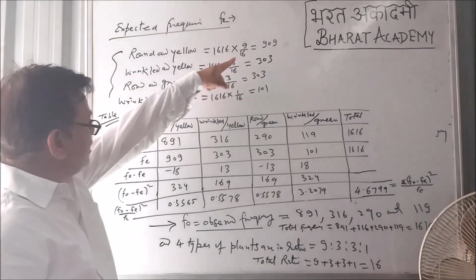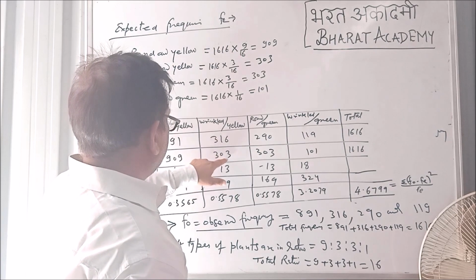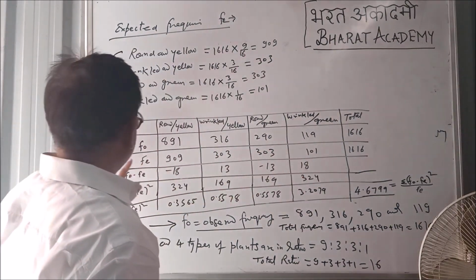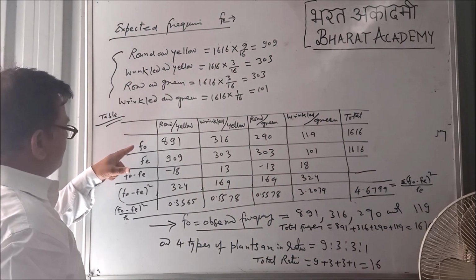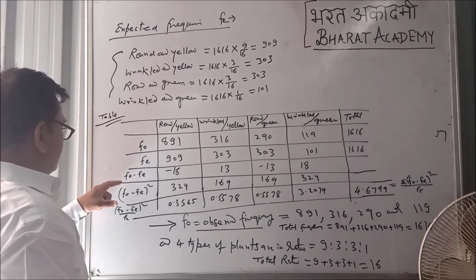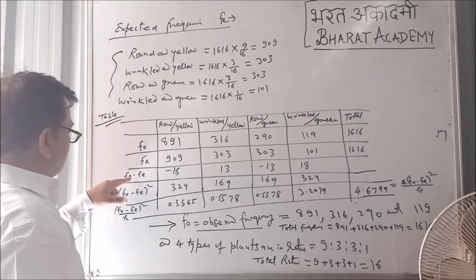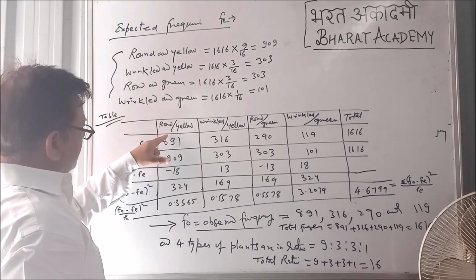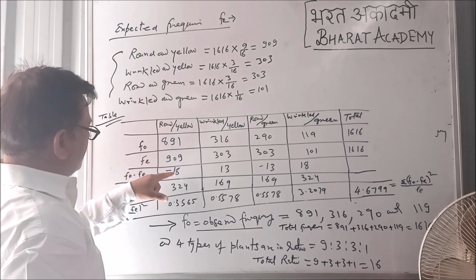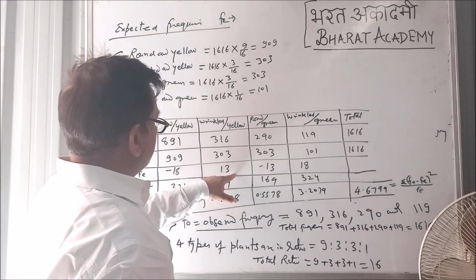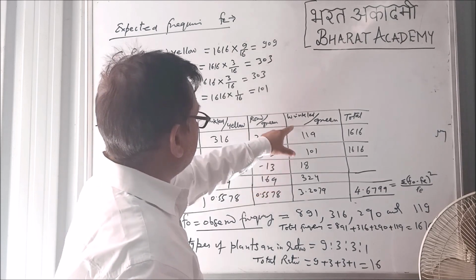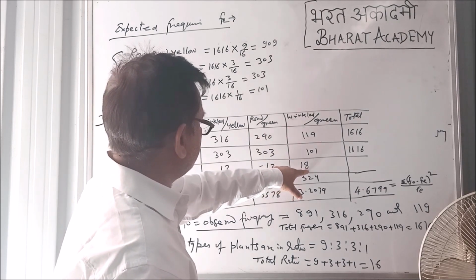FE 909 is there, 303 and 101, and then we find the deviation between observed and expected frequency. Deviation means difference, FO minus FE. Just subtract these two numbers, you will get minus 18, here you will get 13, here minus 13, and last the deviation is 18.